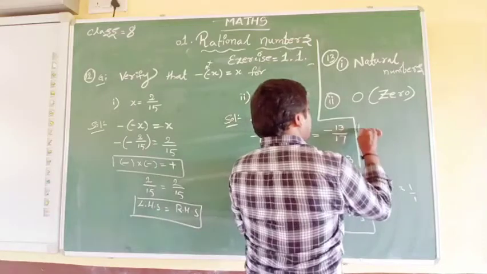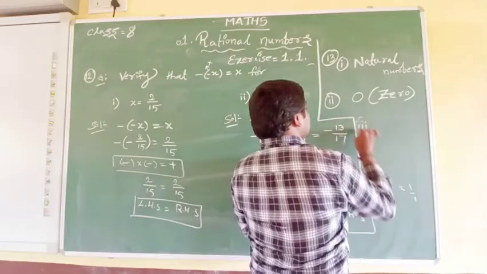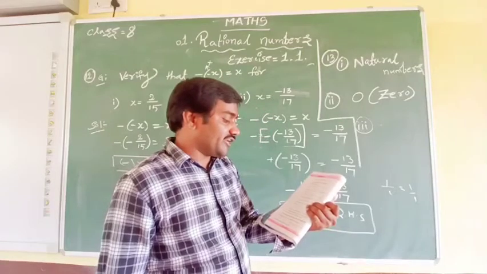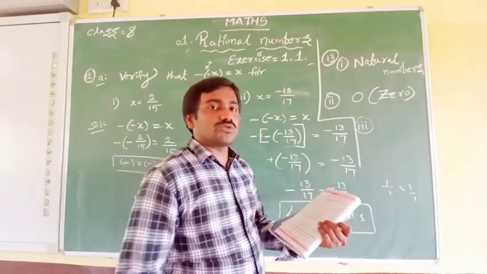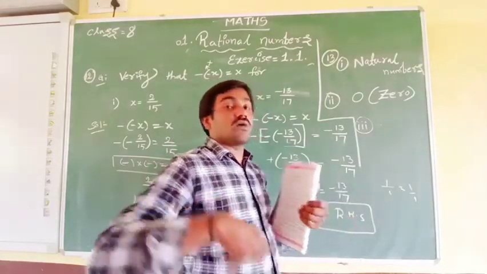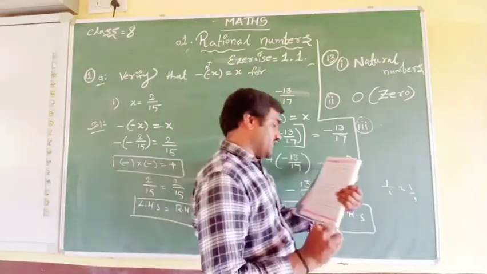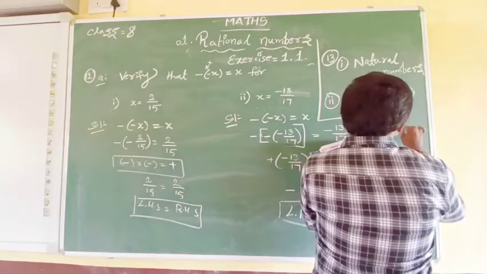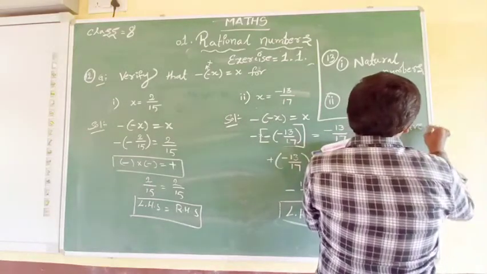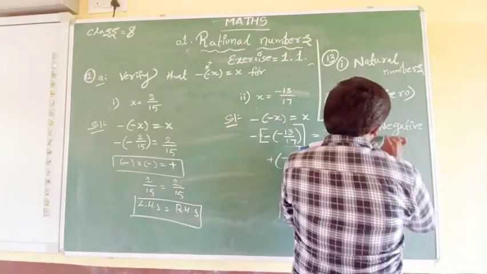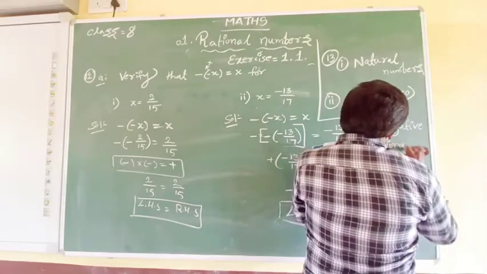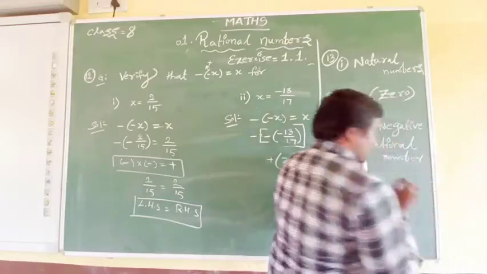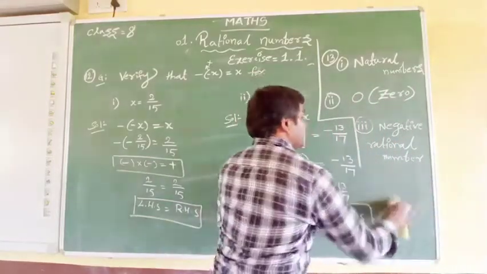The third and last one of this exercise. The reciprocal of a negative rational number is also a negative rational number.